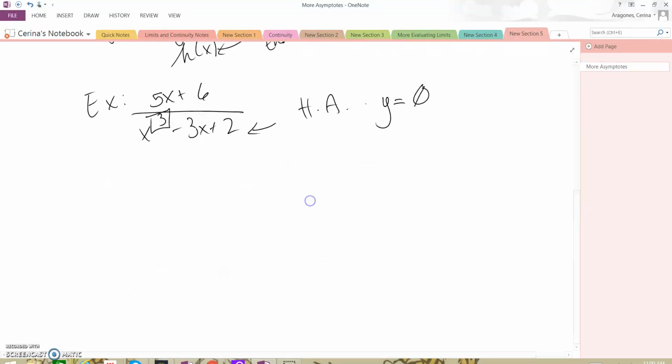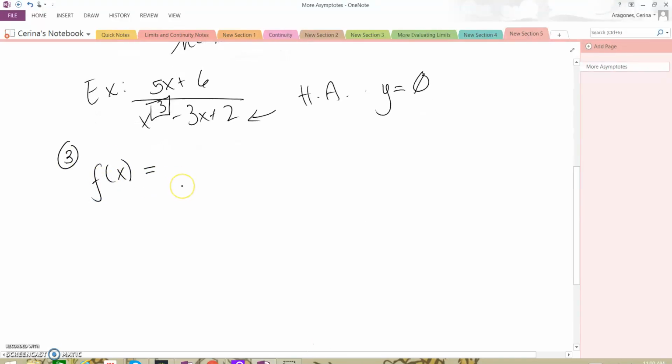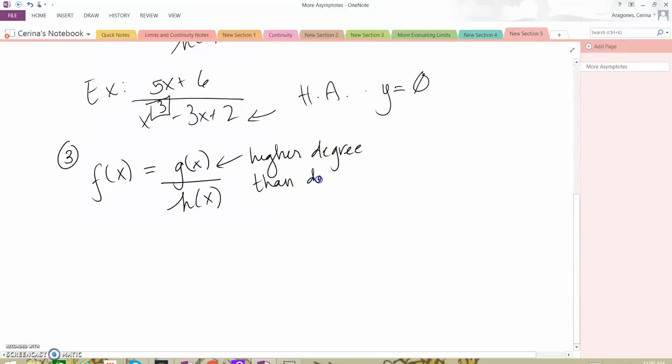The third case that we're going to go over right now is when you have a rational function where the numerator has a higher degree than the denominator. In that case, it's a relatively simple process.